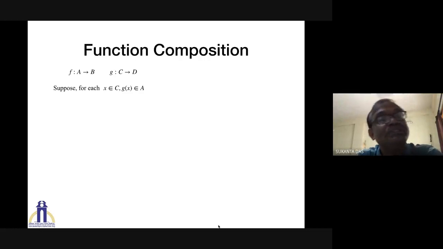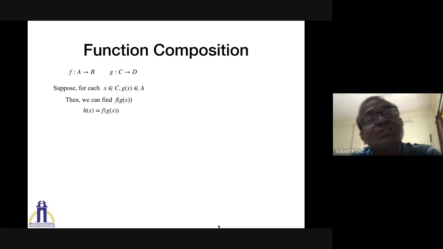Now, if it is so, then I can get f of g of x, because by applying g over x, I get g(x), an element which is actually an element of the domain of f. So I can apply f.